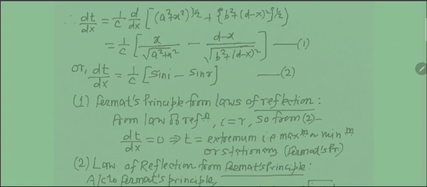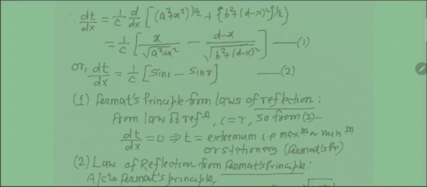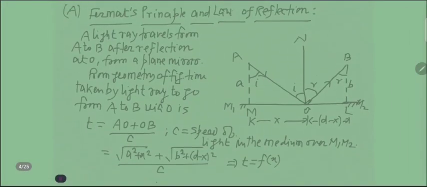So clearly from the geometry of the figure, x divided by square root of a square plus x square is your sin i, and (d minus x) divided by this square root is equal to your sin r. You can see over here this is the square root of a square plus x square. Sin i is opposite by hypotenuse, cos is adjacent by hypotenuse.